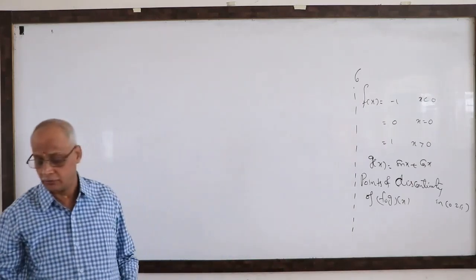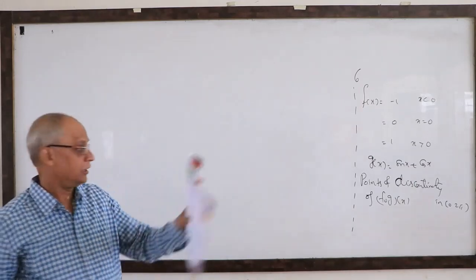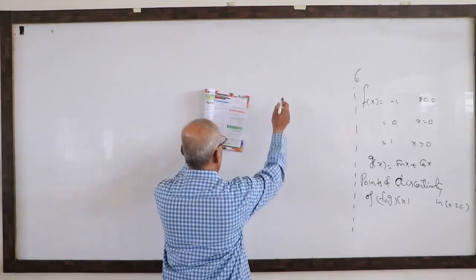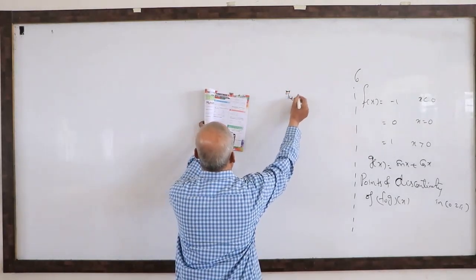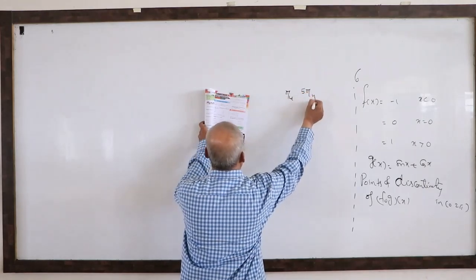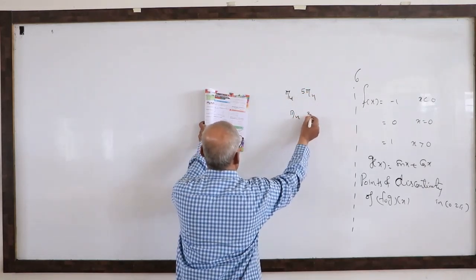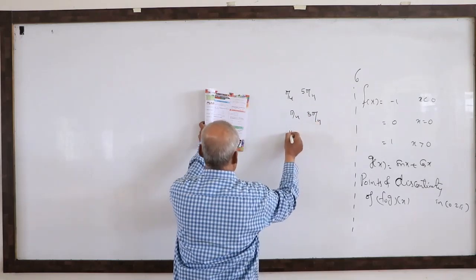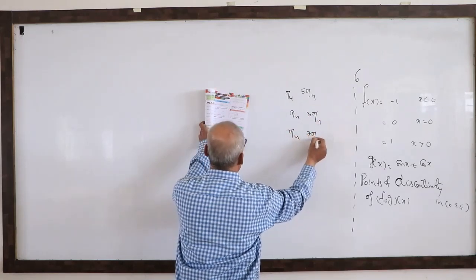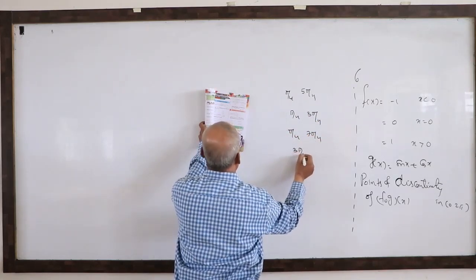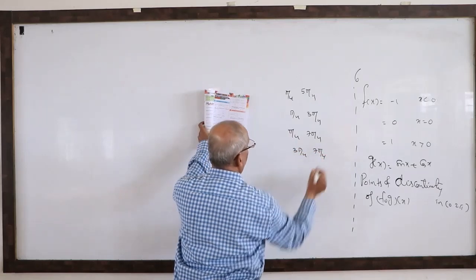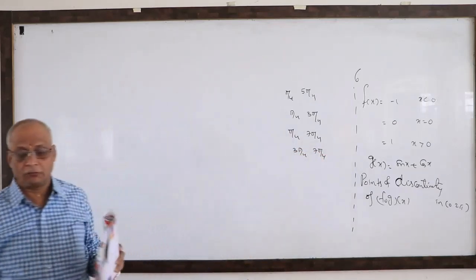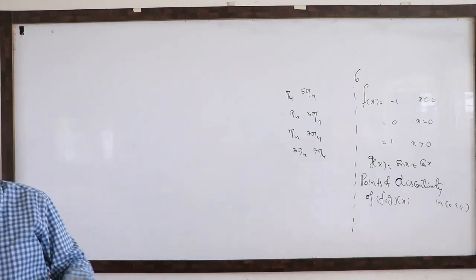You have to check. Now I write here A, B, C, D. First option pi by 4, 5 pi by 4. Pi by 4, 3 pi by 4. 7 pi by 4, 3 pi by 4. These are the different answers. They are only values, not intervals.